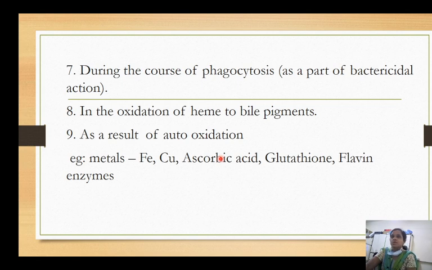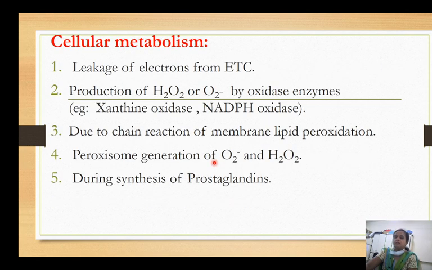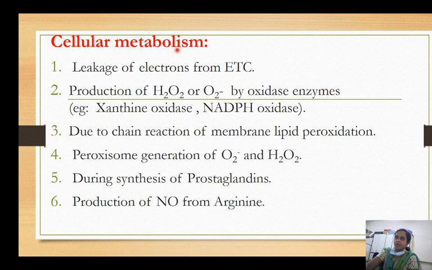So to once again go over the various cellular metabolism that can form free radicals: one is leakage of electrons from the electron transport chain. Next is production of hydrogen peroxide and oxide radicals during the oxidase reactions, xanthine oxidase and NADPH oxidase.